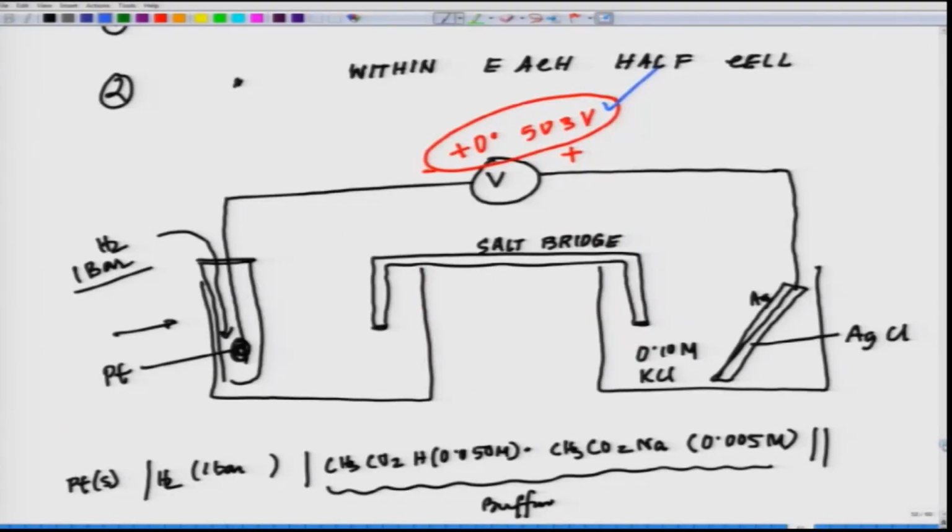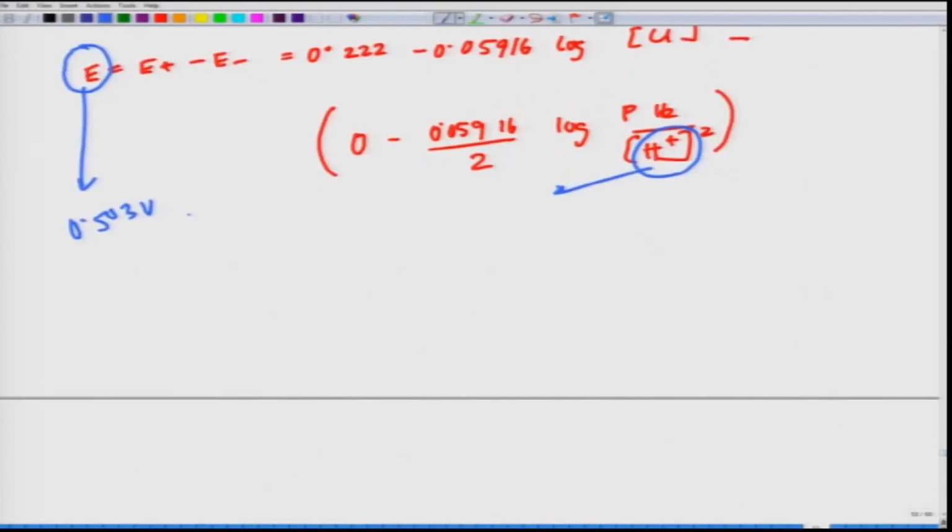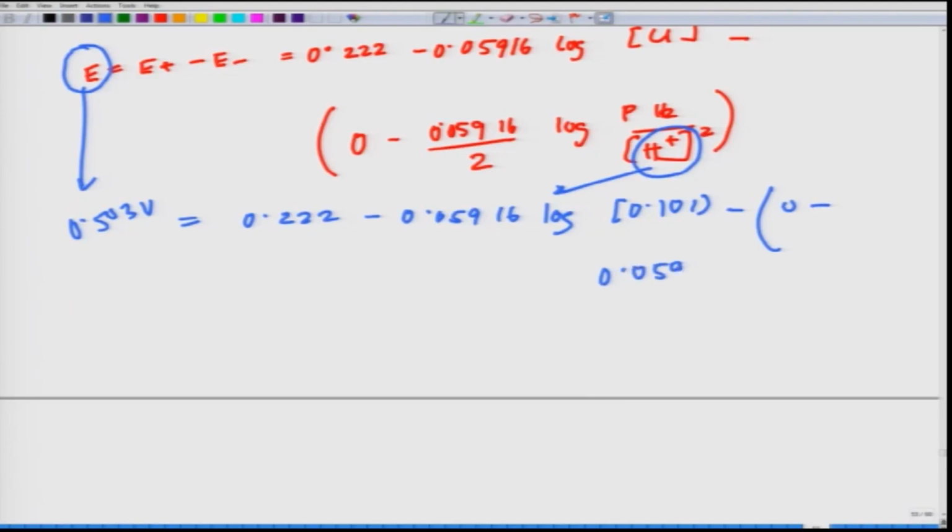Insert this value there and then pull down this whole thing: 0.222 minus 0.05916 log of 0.1, minus 0 minus 0.05916 divided by 2 log of 1.